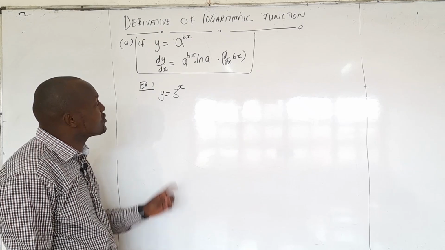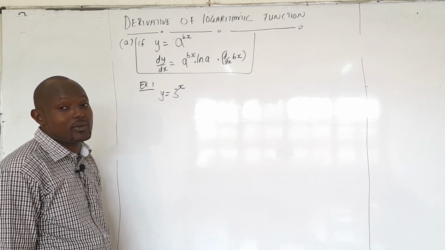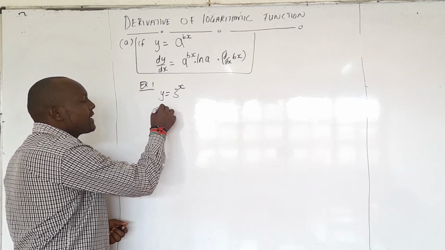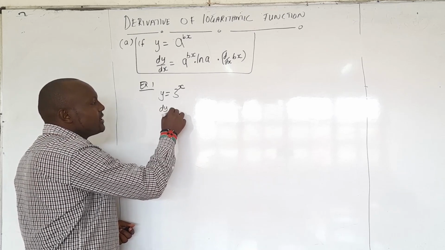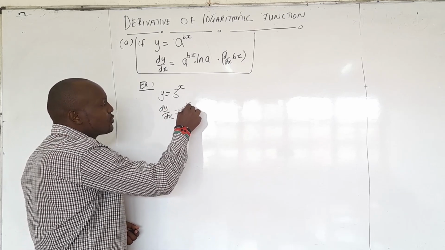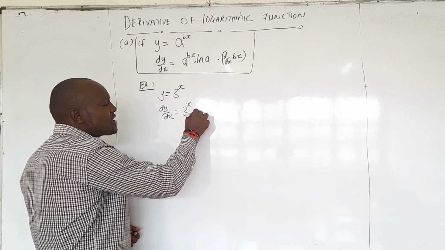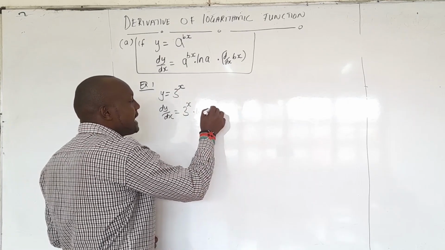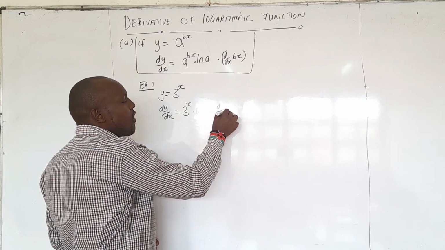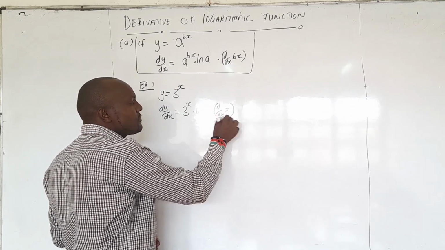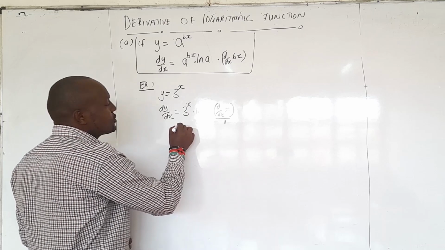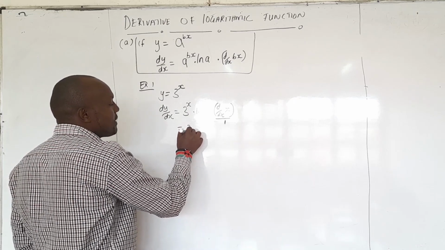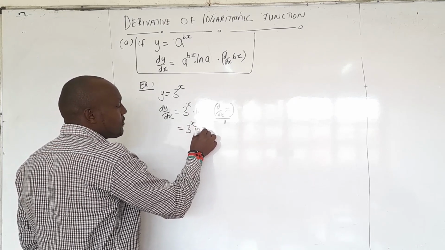We don't want to introduce logarithm because we can differentiate this one the way it is. So change in y over change in x will be 3 to power x. It will remain the way it is. But now natural log of 3, we said you must introduce natural log of 3 times the derivative of x. When you differentiate x, you get 1. So we have 1 times 3 to power x, natural log of 3.